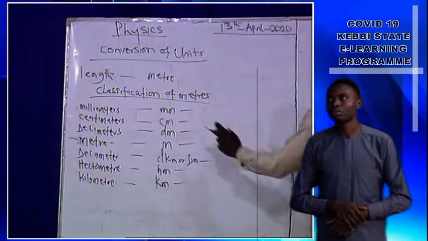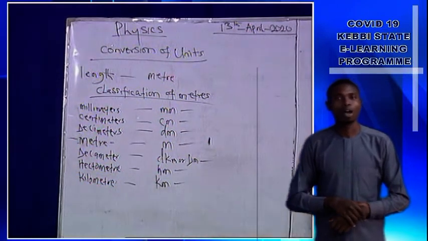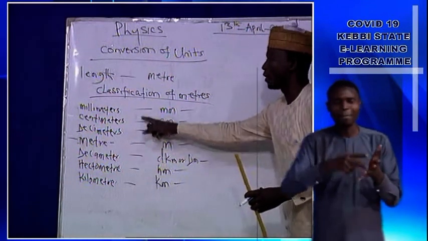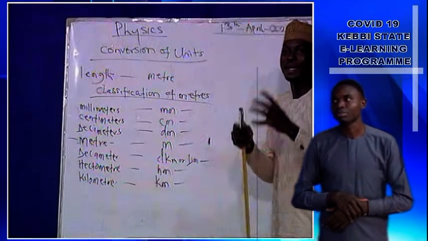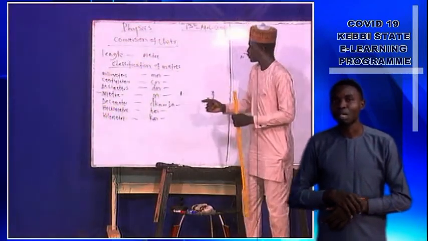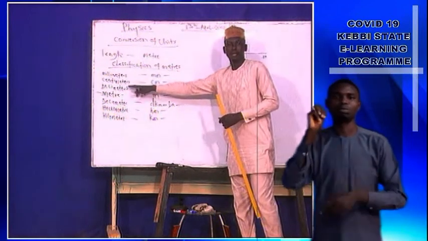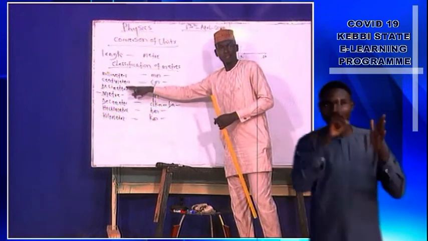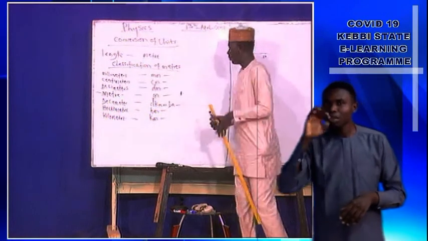This meter means only 1 meter. From meter, we have something less than meter up to millimeters. Millimeter is a very minimal range that is not up to a meter. Likewise, decimeter is less than meter, centimeter is less than decimeter, and millimeter is less than centimeter.